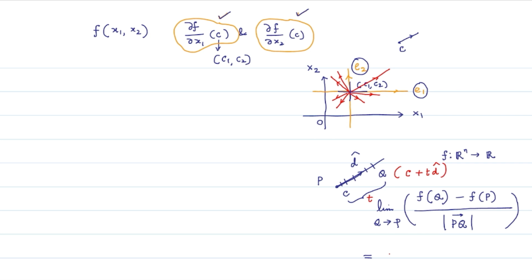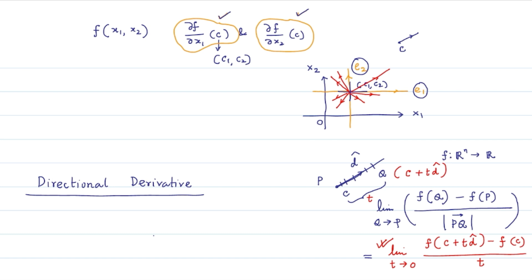and hence this limit is given by the limit as t tends to 0 of f(C plus t d hat) minus f(C), divided by t. If this limit exists, then we call this limit the directional derivative of the function f at the point C along the direction d hat.